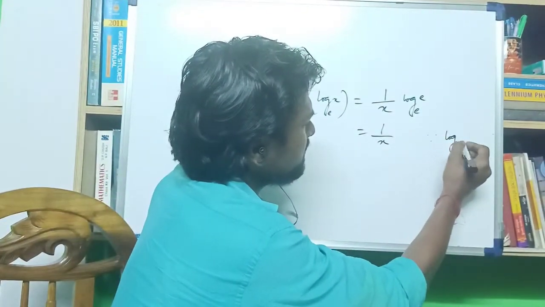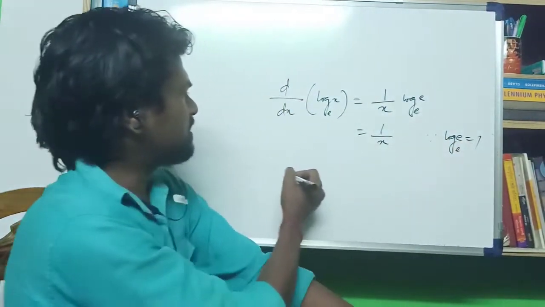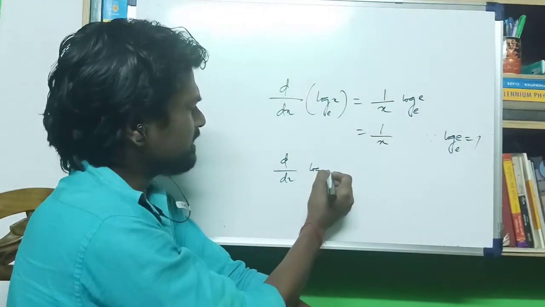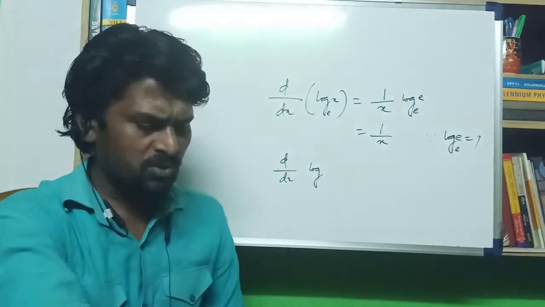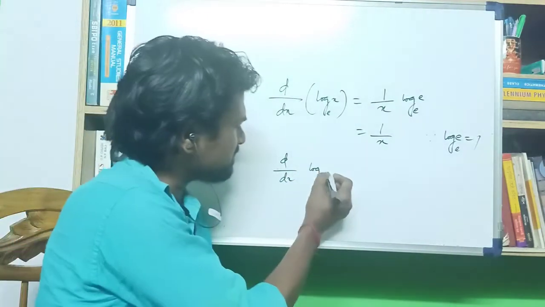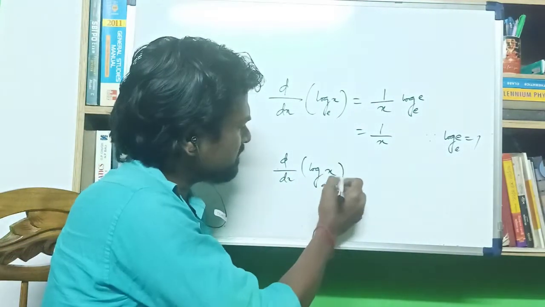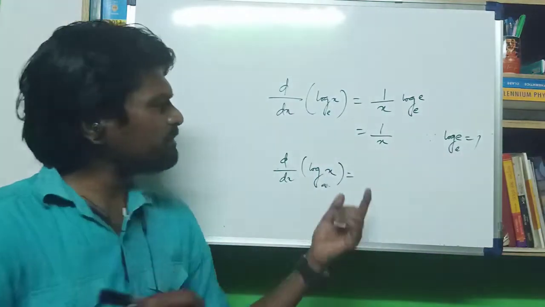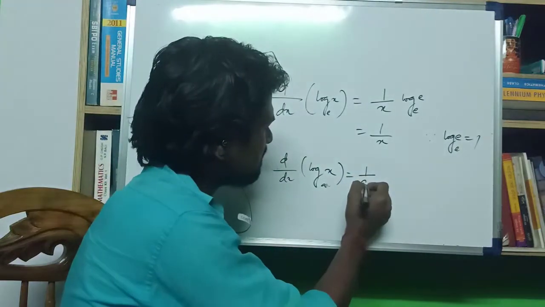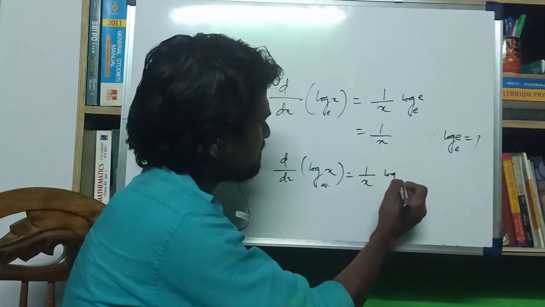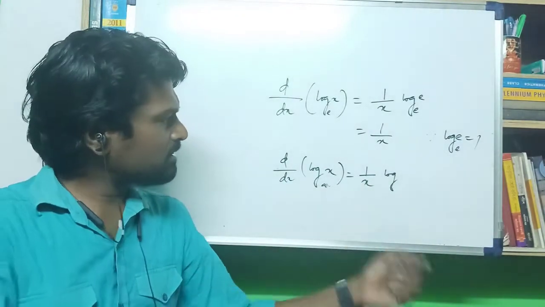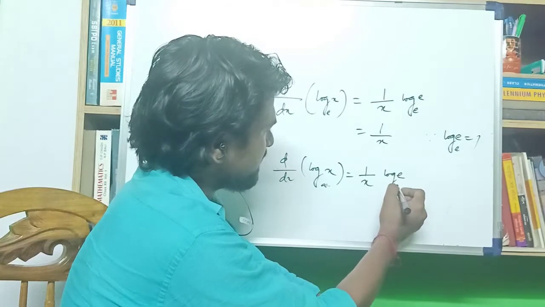But if the function is d/dx of log x with base a, then this is similar to 1 by x, but multiplied by log e base a.